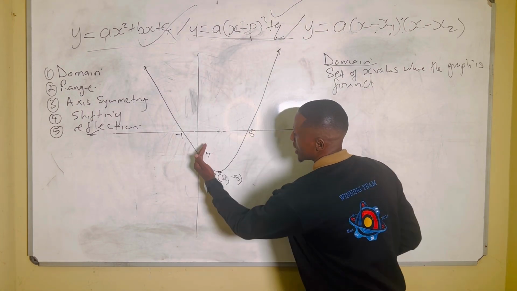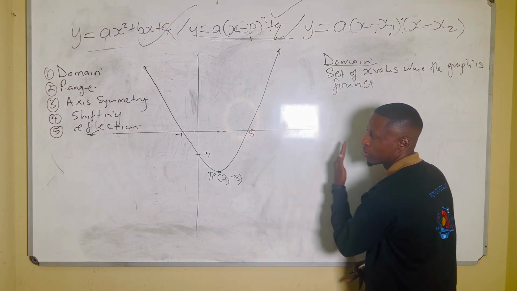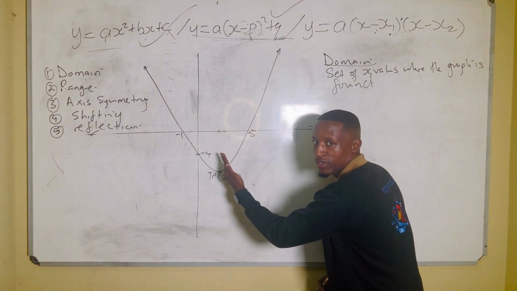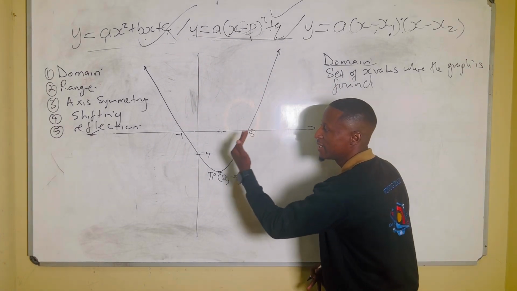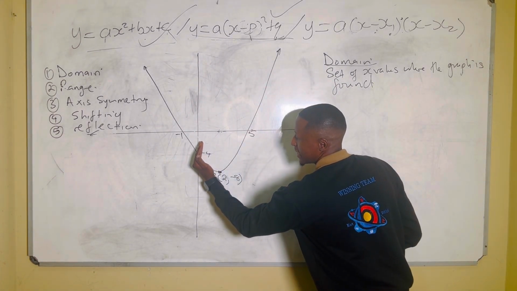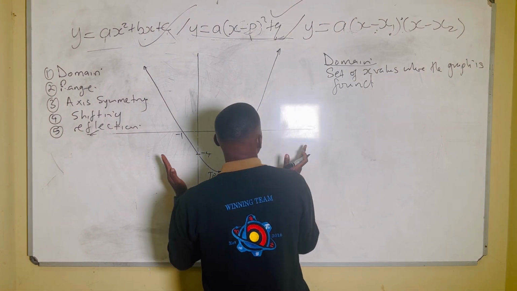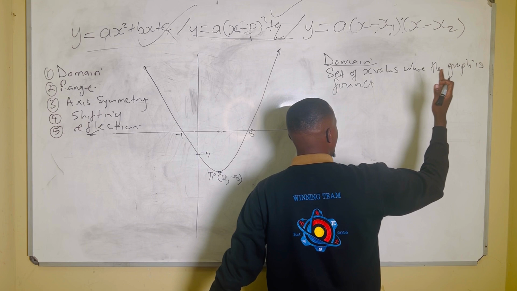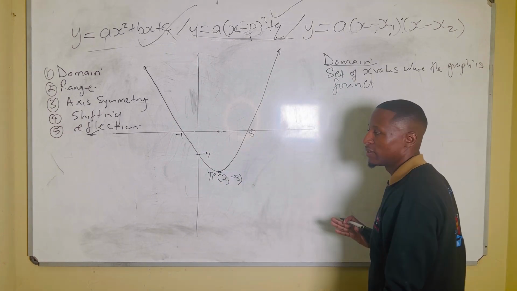Do you find your graph this side on the positive x values? Yes, the graph is there. Does it exist everywhere? Yes. Does it have any restriction? No, which means it exists everywhere because it's opening in this way. While it's going up, it's moving to the far right up until infinity.